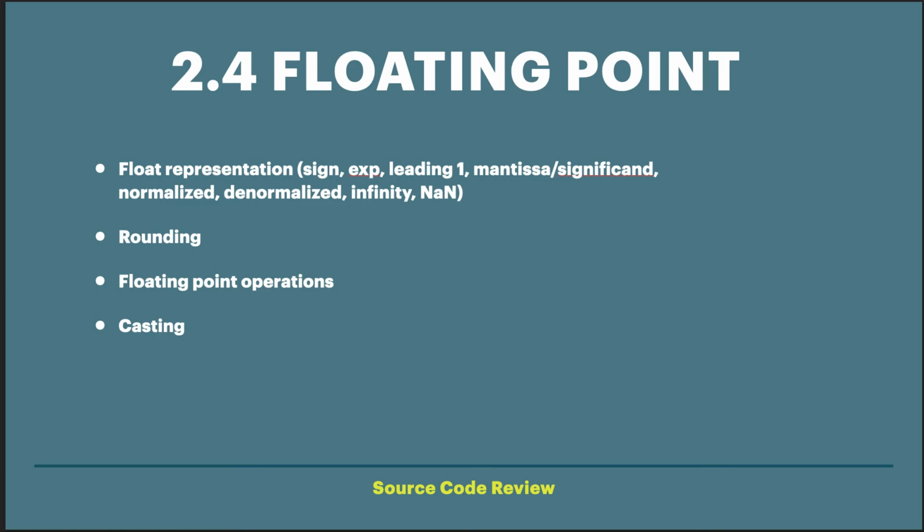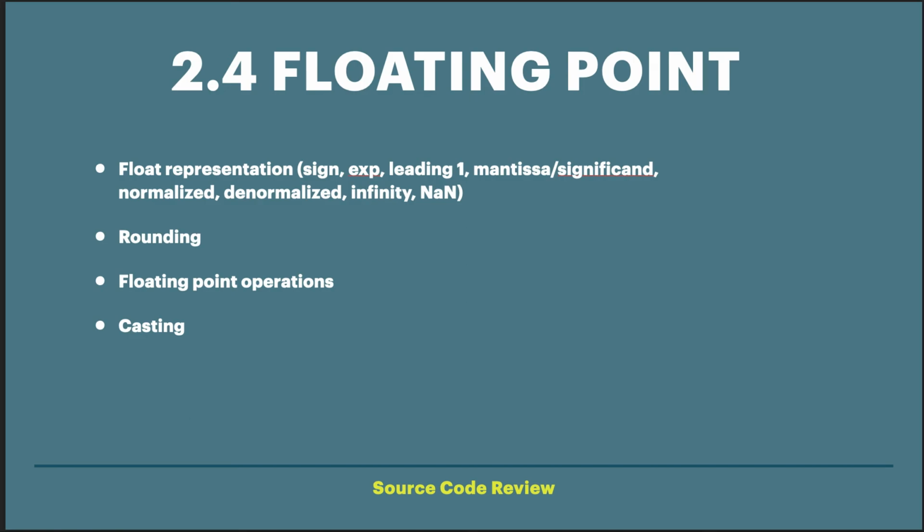And if the exponent is all zeros, then it's just going to be 0 dot mantissa times 2 to the exponent. And remember the sign bit too. So normalized is when the exponent is not all ones and not all zeros. Denormalized is when it is all zeros.